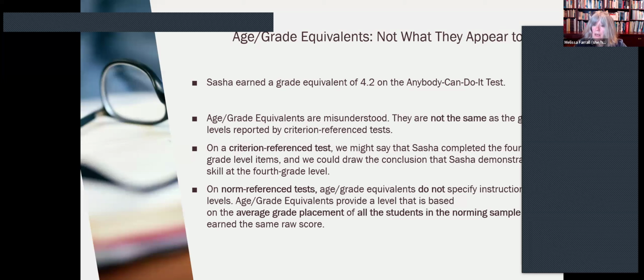Okay. And we could administer those tests and we could come away and say, well, Sasha earned a score on the 4th grade level. And we could draw that conclusion because all those items were specifically designed to help our student demonstrate what they could do and what they couldn't do on that 4th grade level. It's a whole different ballgame with norm reference tests.